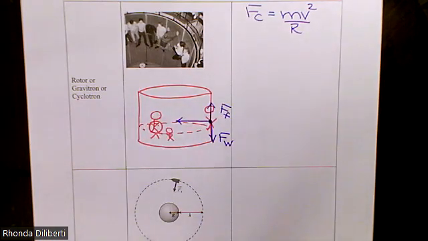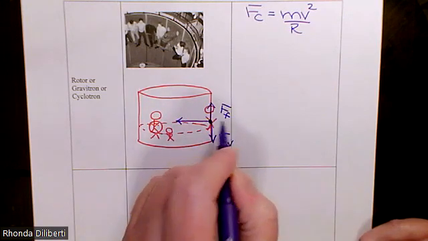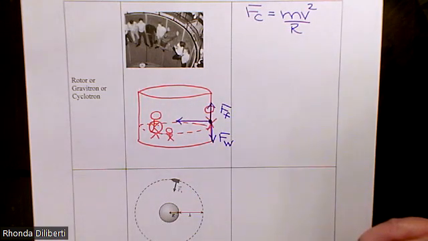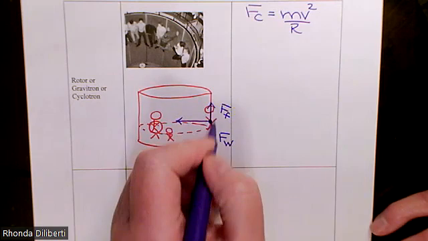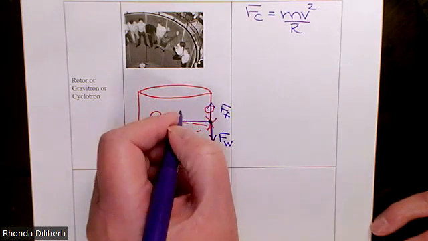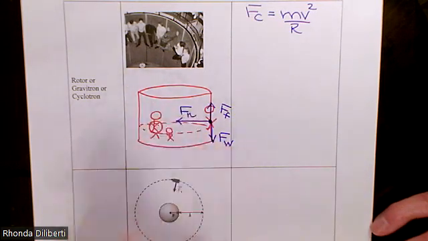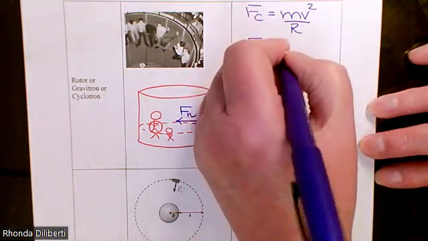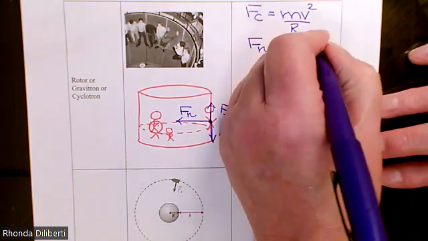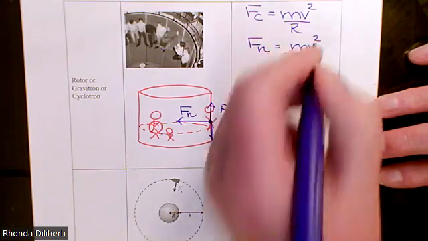Because if the person was sliding down like FW, he would have friction against that wall. And the normal force is the force that a surface presses on the object. And that's what this is. The surface, the wall, pressing on the object. This is the normal force. It's the normal force that's pointing towards the center of the circle.